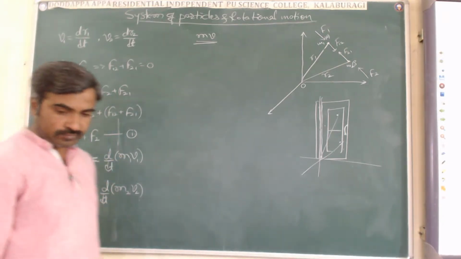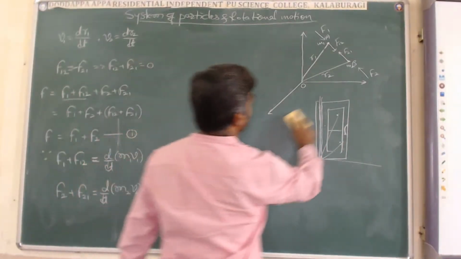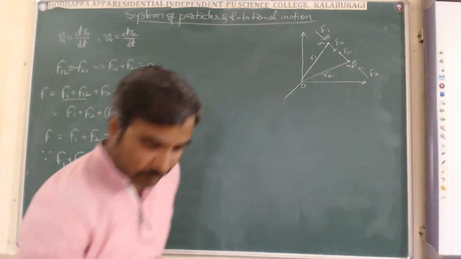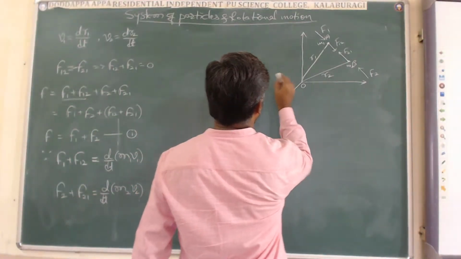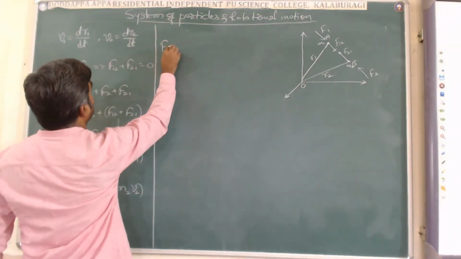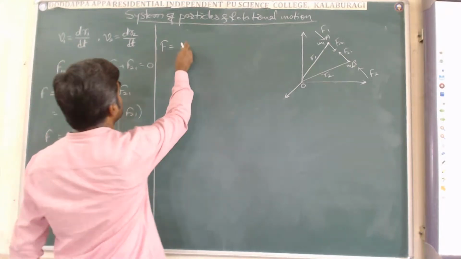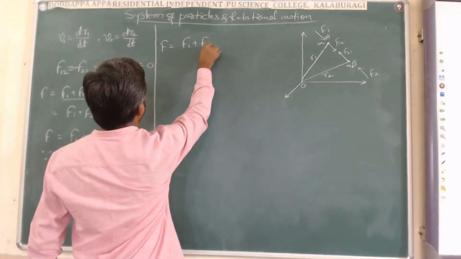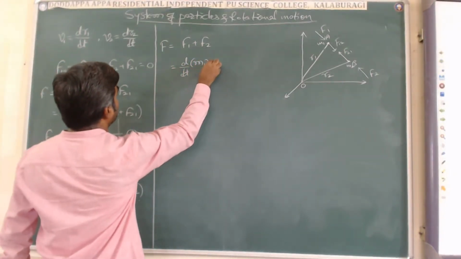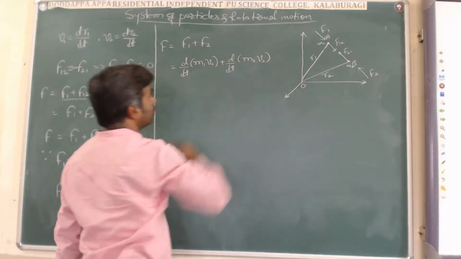Hence, when we add, the net force F is F1 plus F2, which is nothing but d by dt of m1 v1 plus d by dt of m2 v2.